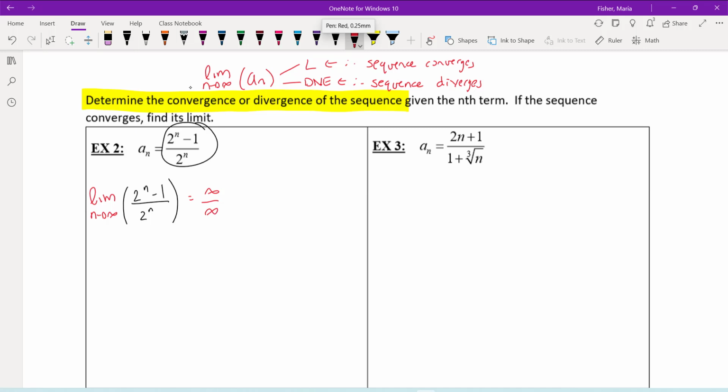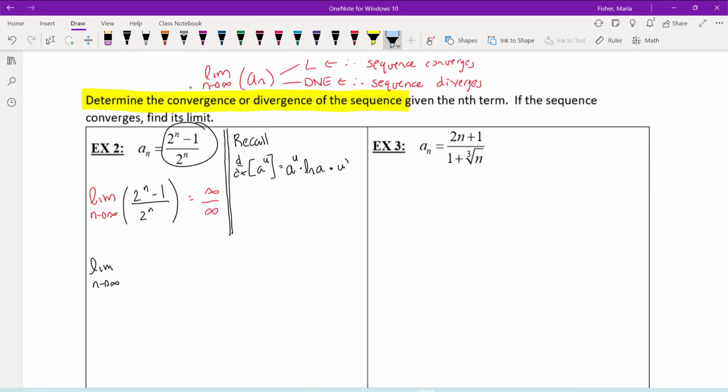If we have infinity over infinity, we can use L'Hopital's rule to assist us in finding the limit. We need to take the derivative of the numerator and the derivative of the denominator. Well, let's recall how to take the derivative of an exponential function. Recall from Calculus 1 that the derivative of a number a raised to a power u was equal to a to the u times the natural log of a times u prime.